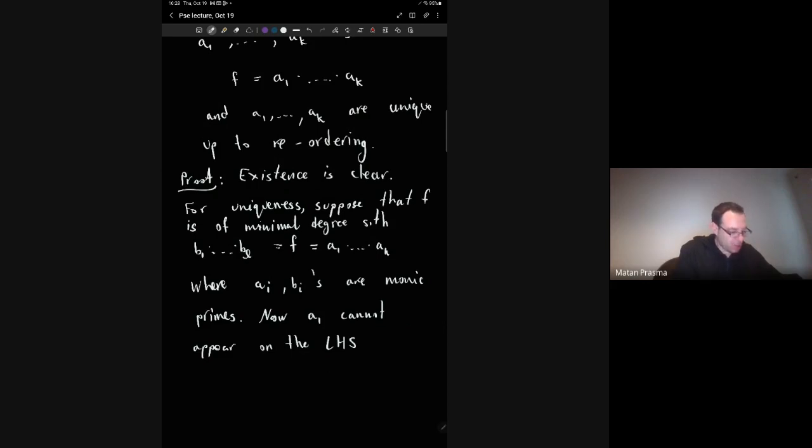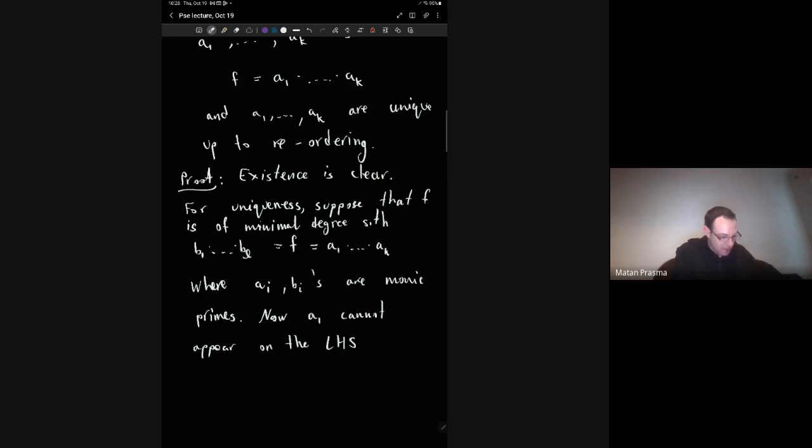If it is of minimal degree, then A1 cannot appear on the left-hand side, because then I could cancel it out and I would get a polynomial with lower degree than f that still has two different representations as a product of prime polynomials.